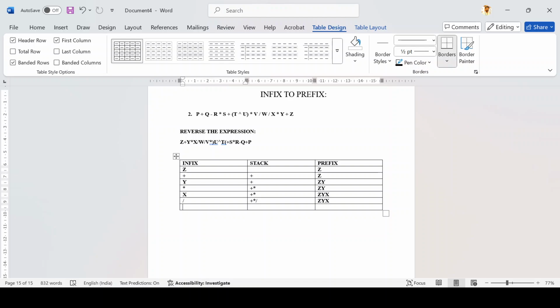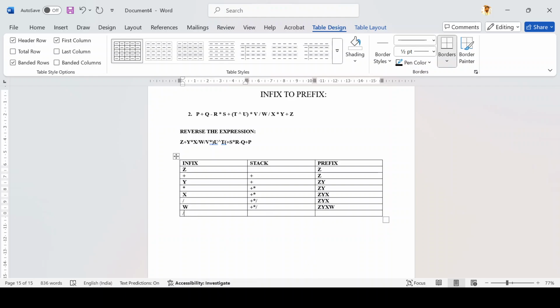The next operand is W. Since it is a variable, we can directly push it to the output side. So Z, Y, X, W. Then we have a division symbol.